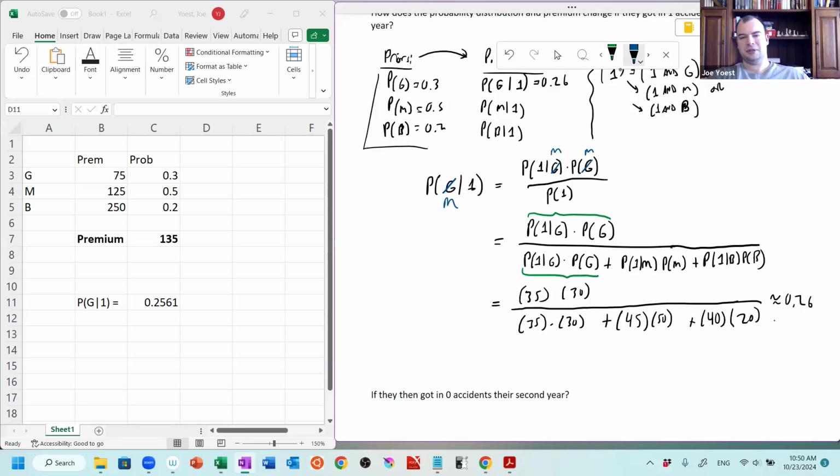Probability of one on the bottom is still the same. I still have the same breakdown for probability of one. It still breaks down into these three terms. But my numerator is now just probability of one given moderate times probability of moderate. It's just this middle term, 45 times 50.